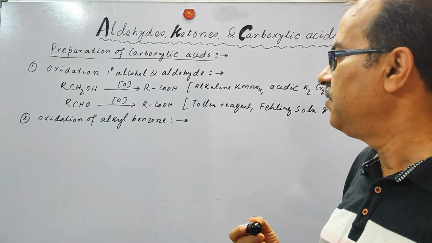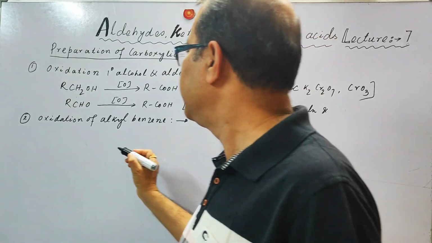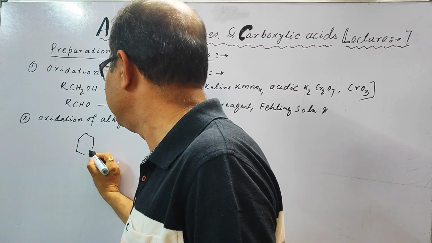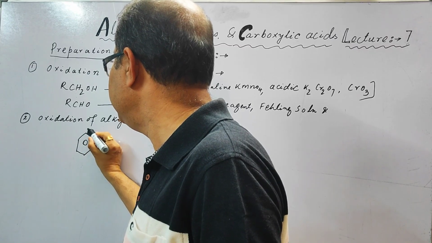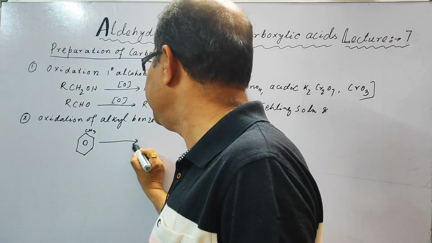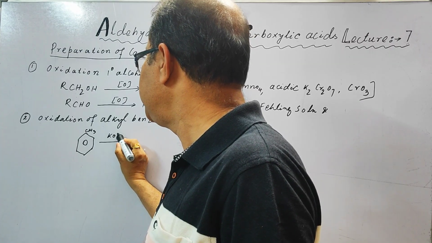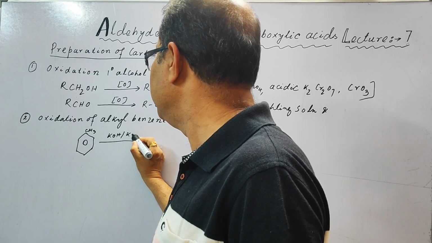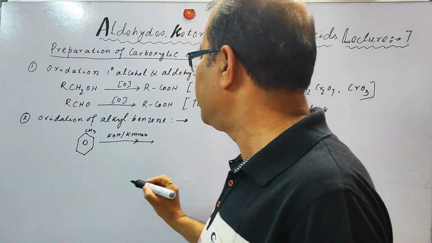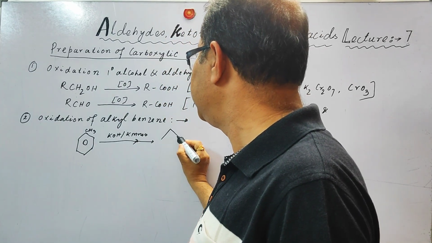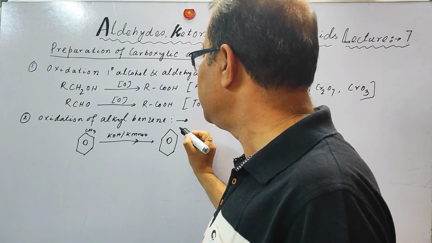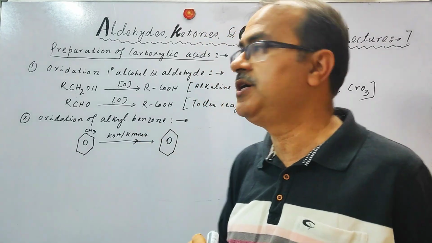In this case, what is going to happen? Let us see one reaction. This is toluene. Toluene is an alkyl benzene. When it is treated with KOH and KMnO4, it is going to oxidize, and the side chain will produce the potassium salt of the benzoic acid.